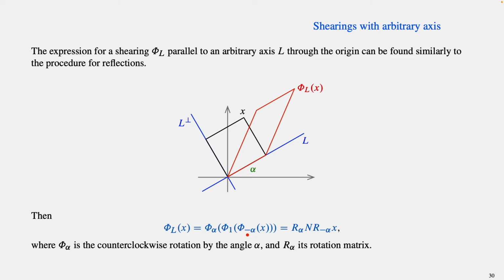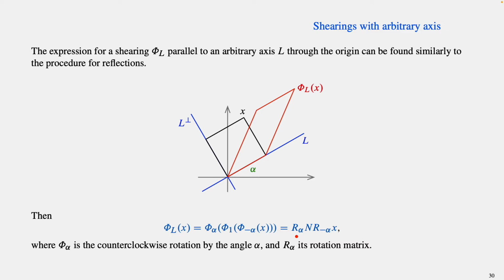We do this by doing a rotation by minus alpha, if alpha is the angle here. Then we do the shearing parallel to the first coordinate axis that we just saw on the previous slide. And then we rotate back so that the first coordinate axis is rotated back onto L. So everything is rotated back into its original position. But in between, we perform the shearing, and that will be the shearing parallel to the axis L.